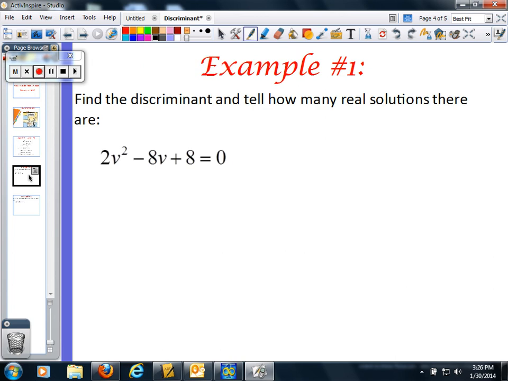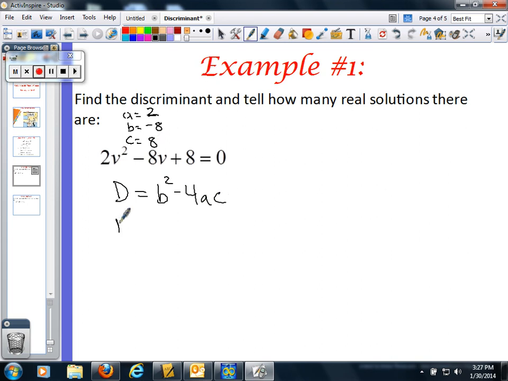So, find the discriminant and tell how many real solutions there are. So the first thing we're going to do is find A, B, and C. So A is 2, B is negative 8, C is 8. Now we're going to plug it in, and we know that D is b squared minus 4ac.